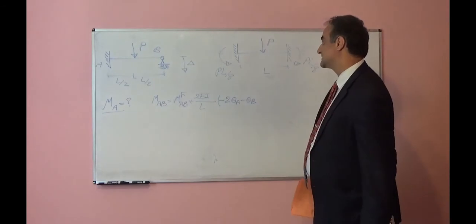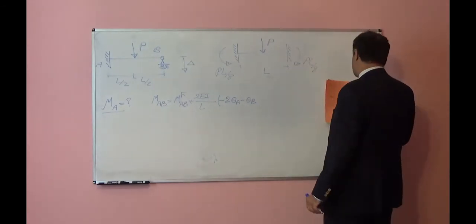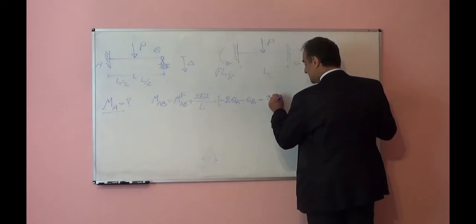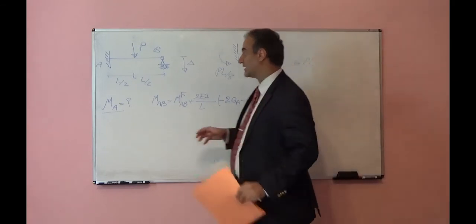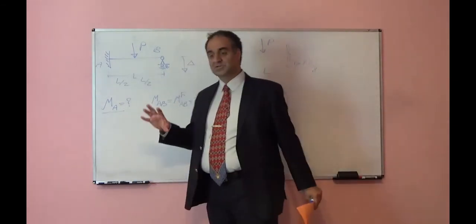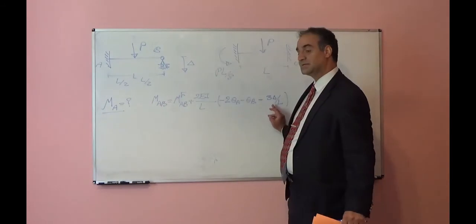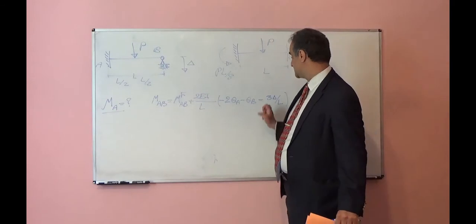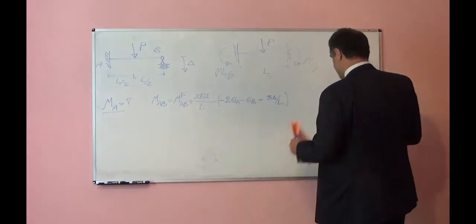If it rotates clockwise, we will plug delta negative. So it will be negative 3 delta over L. If settlement causes rotation clockwise, our assumption is negative delta. If it causes rotation counterclockwise, we will plug positive.